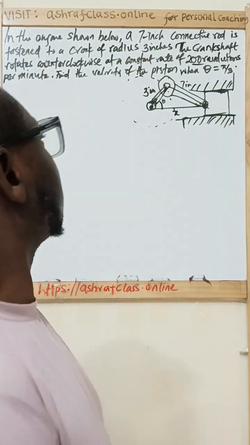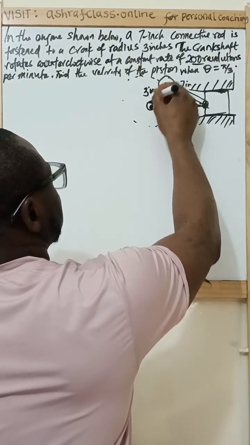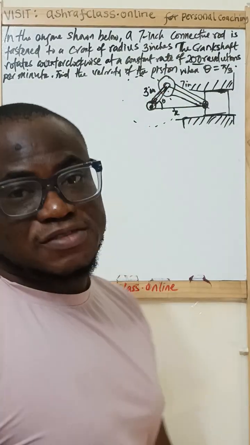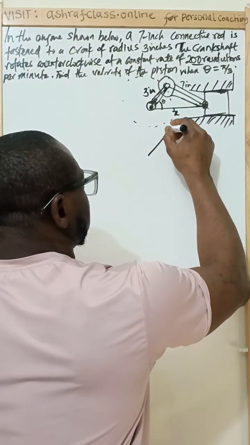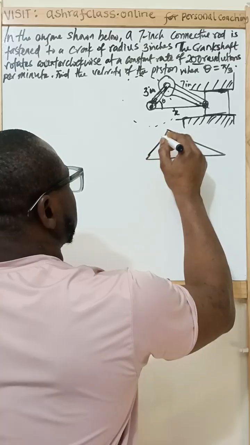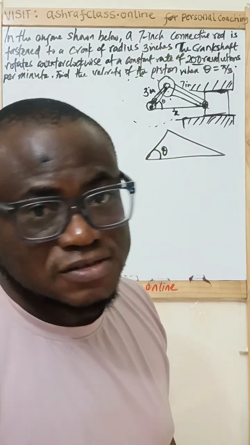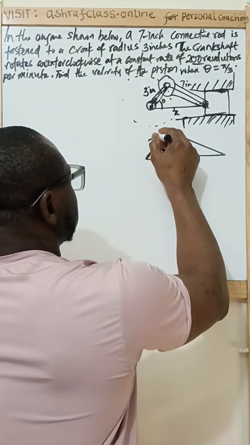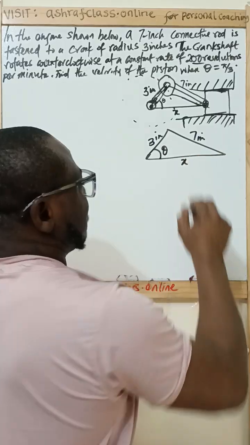This diagram brings out the shape of a triangle, so let's bring out that shape. This is the angle theta. This one is 3 inches, this one is 7 inches, and this is x.